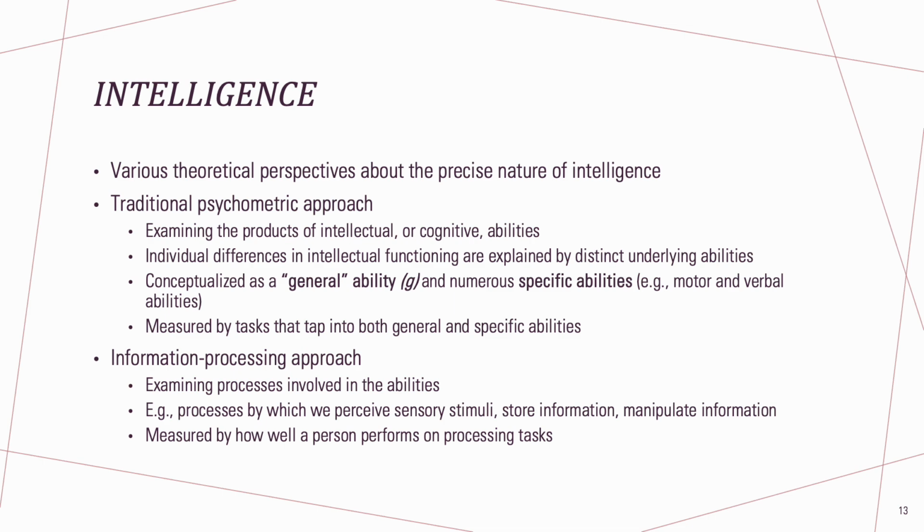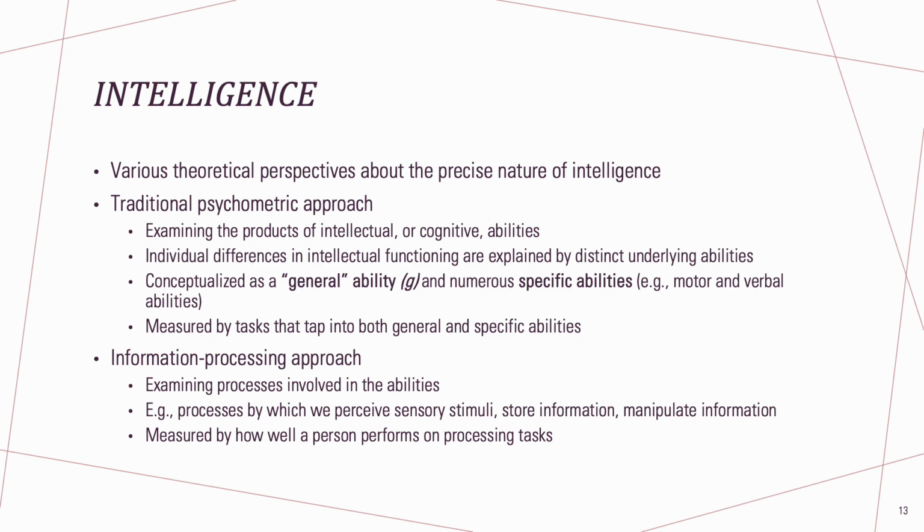So we already talked about what it means to earn a score of 70 or below on an IQ test along a normal distribution. But we haven't talked about the specific conceptualizations of what intelligence is. So there are different perspectives, but there are 2 primary ones. Our traditional psychometric approach examines the products of intellectual or cognitive abilities.